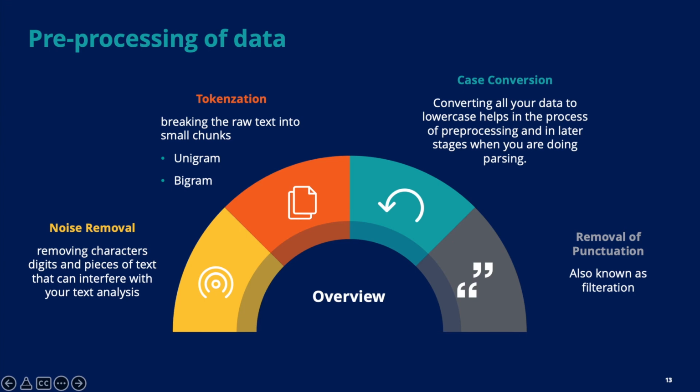We next have case conversion. That is converting all your data to lower case, that helps in the process of pre-processing and in later stages when you're doing parsing, so that your text identifier does not read a capital P and a small p as two different things. We next have removal of punctuation, which is also known as filtration. This is again used to improve your accuracy.